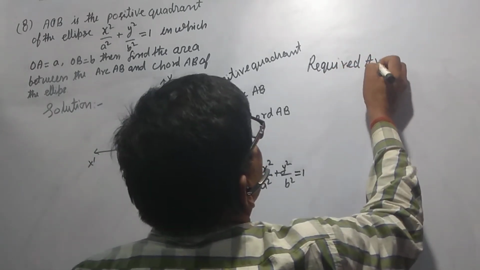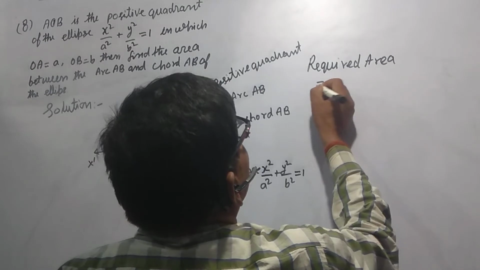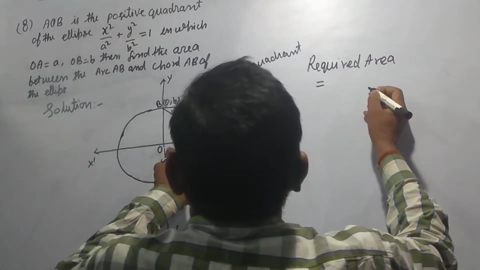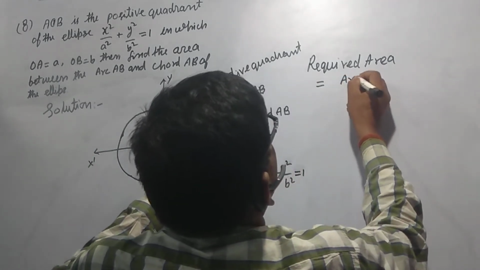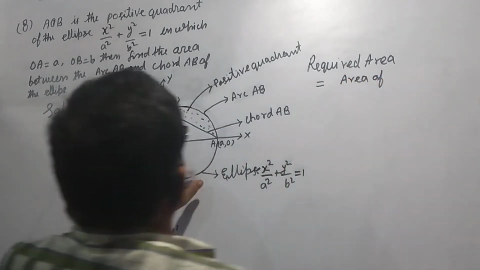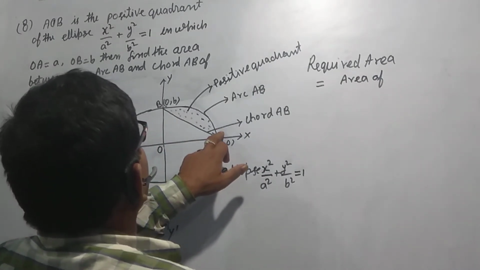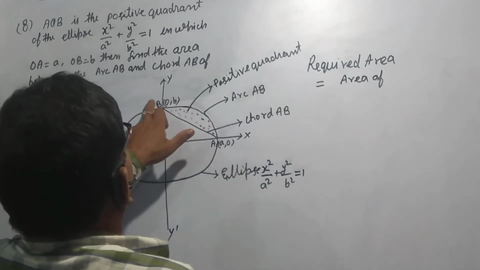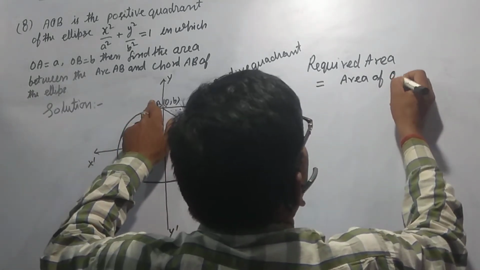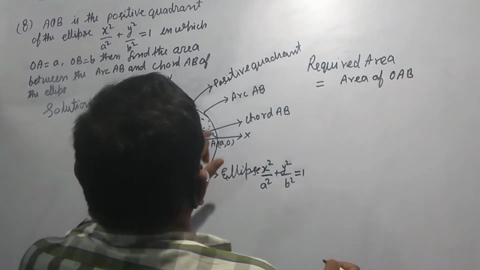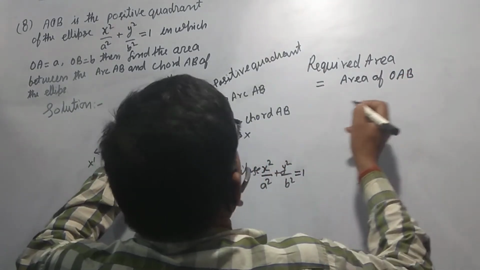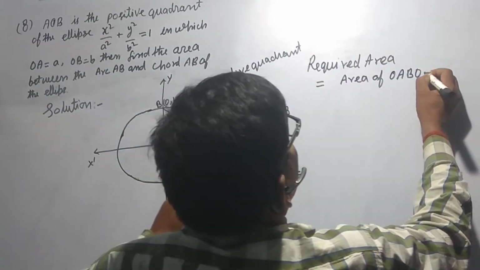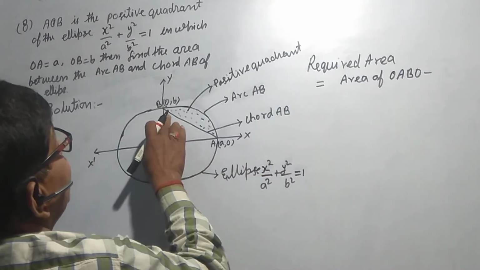So the required area is equal to the area of OAB minus the area of this part.